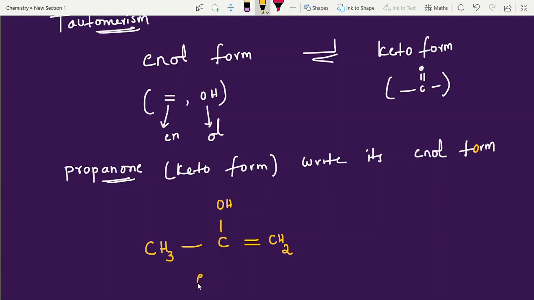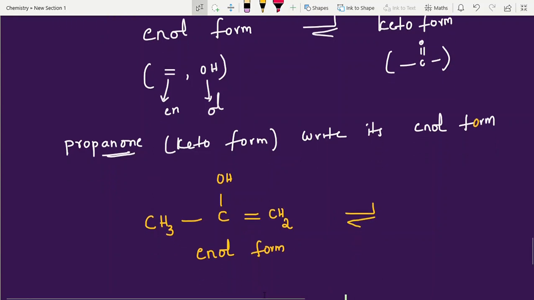This is enol form. These two are in dynamic equilibrium, keto form and enol form, interconvertible. See, double bond is there: en. OH group is there: ol. Enol form. This is not stable. Its stable form is ketone. How will it convert? See, look into this.